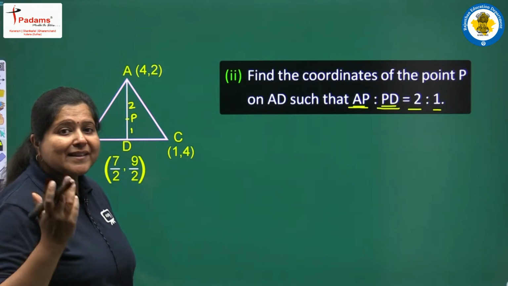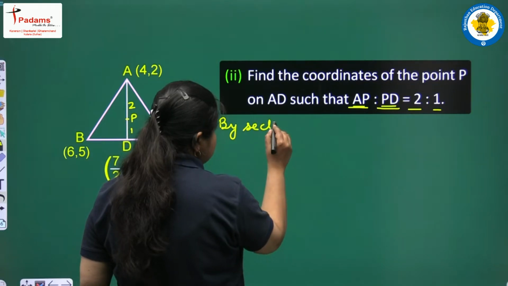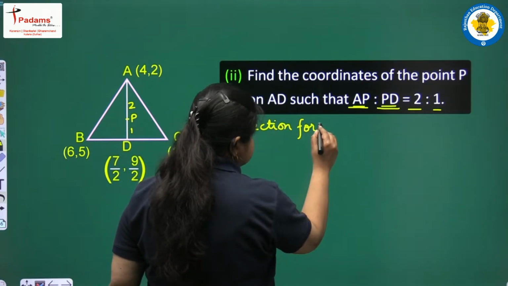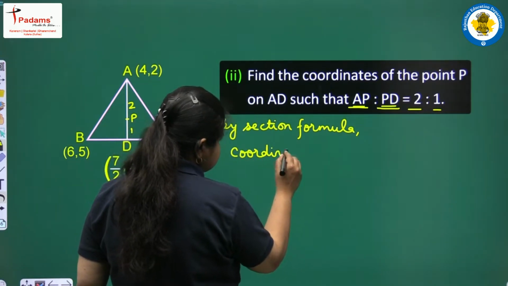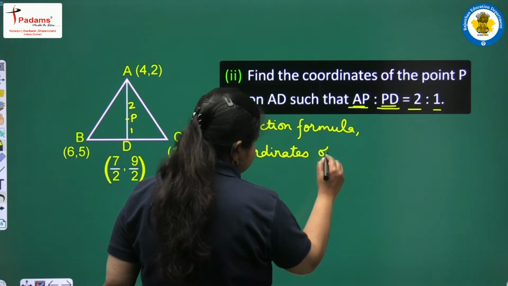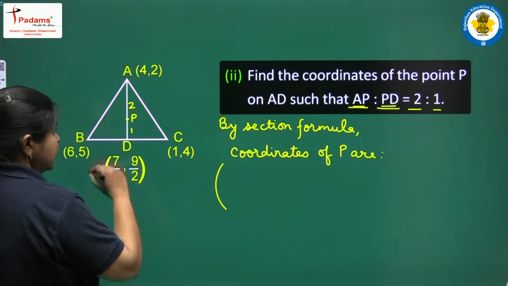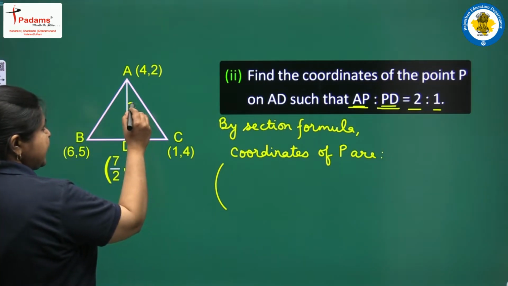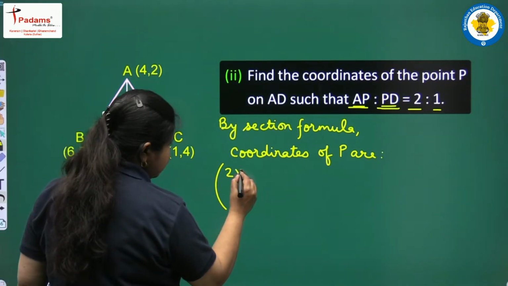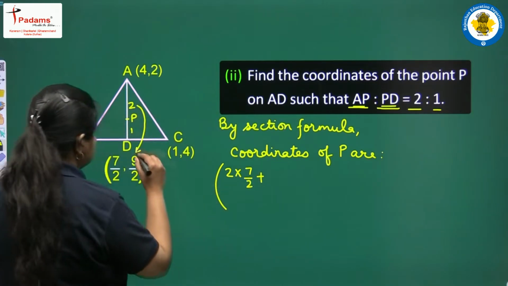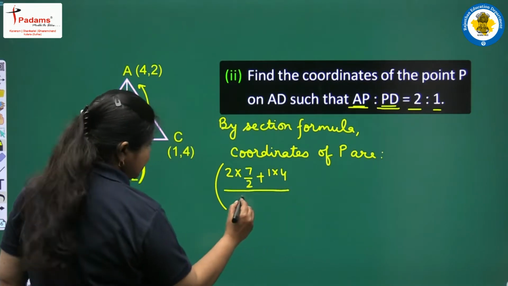Again here we will be using the section formula. So we write here section formula, coordinates of P are, yes, बताइए कैसे मिलेगा? यहाँ पर जो रेशो है उसके पार्ट्स को देखिए 2:1 है, तो 2 तो मल्टीप्लाई होगा यहाँ पर 7/2 से, 2 into 7/2 plus 1 will be multiplied by 4, 1 into 4 upon we will have 2 plus 1.